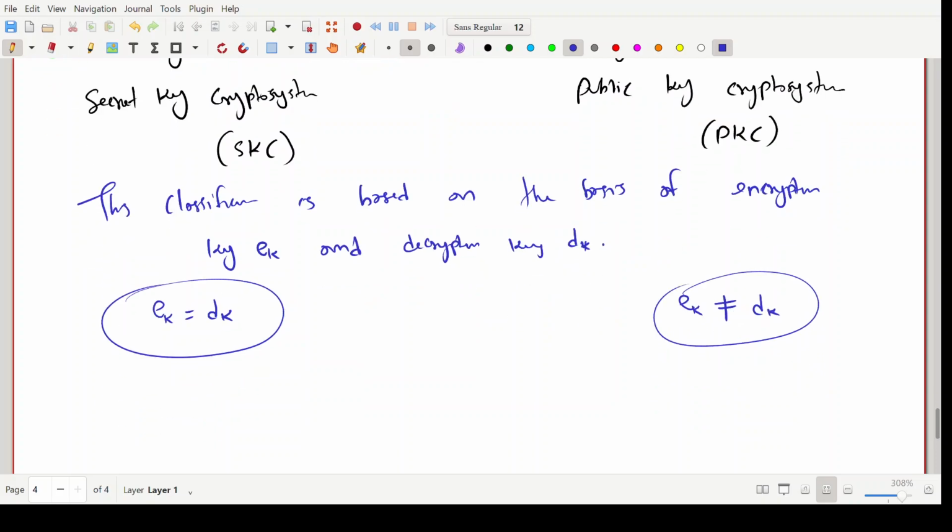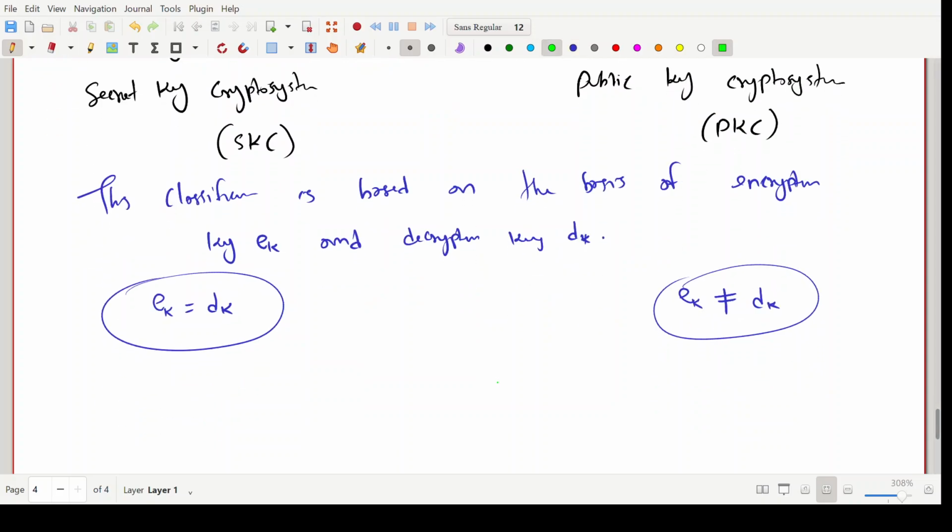If you talk about examples of symmetric key crypto systems, all classical crypto systems are symmetric key, also block cipher, stream cipher, etc.